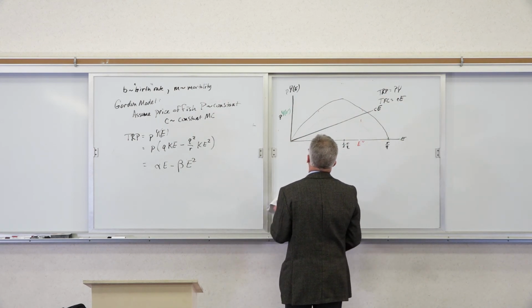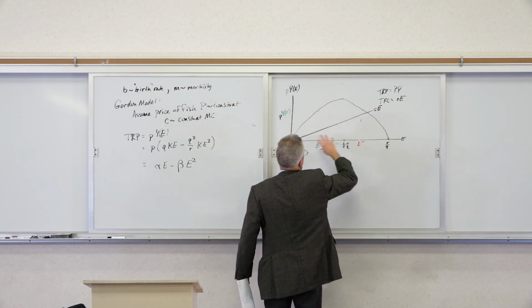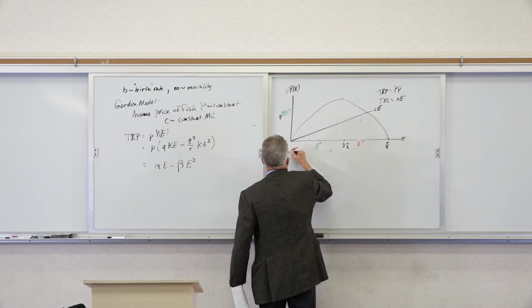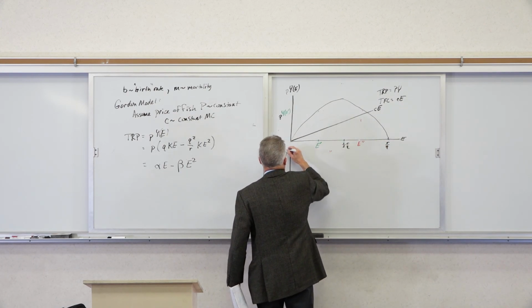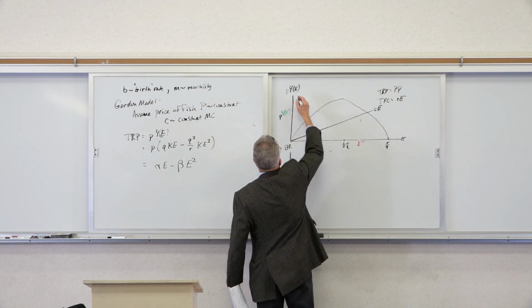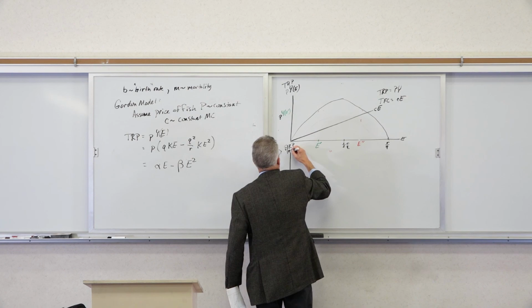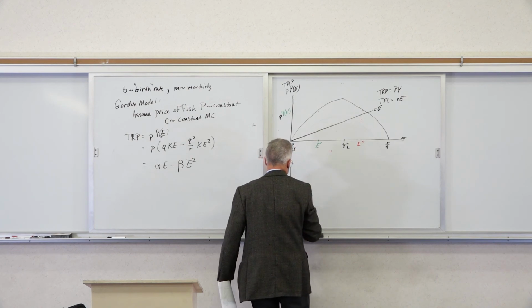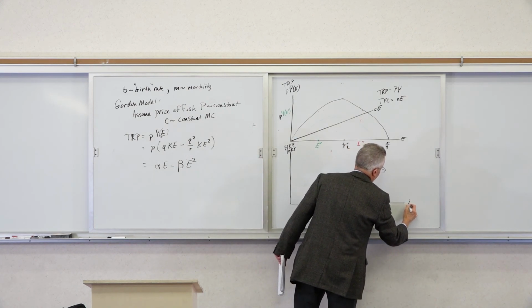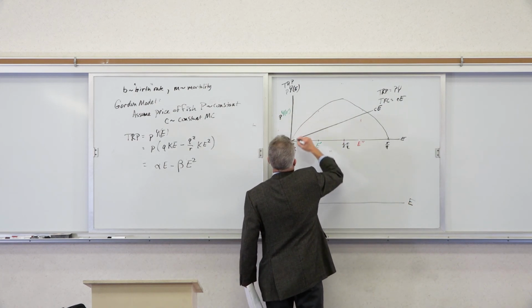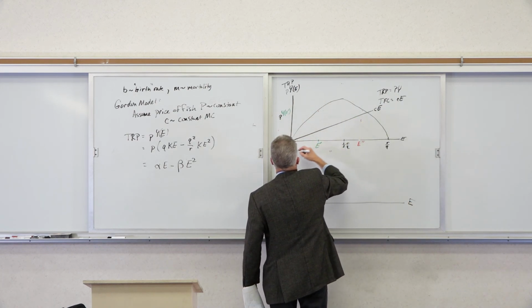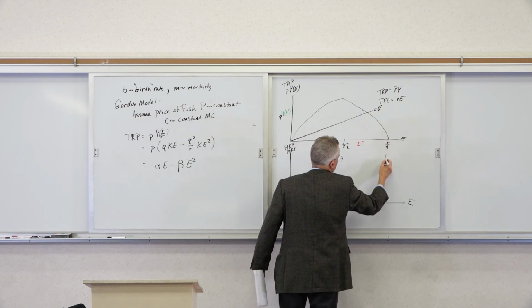Let's just take the derivatives of all this stuff and look at it in that sense. And we actually have, what is it? Average, this is total revenue product, right? Average revenue product and marginal revenue product. And there's effort. And if I took the derivatives of this stuff, we can do that later.